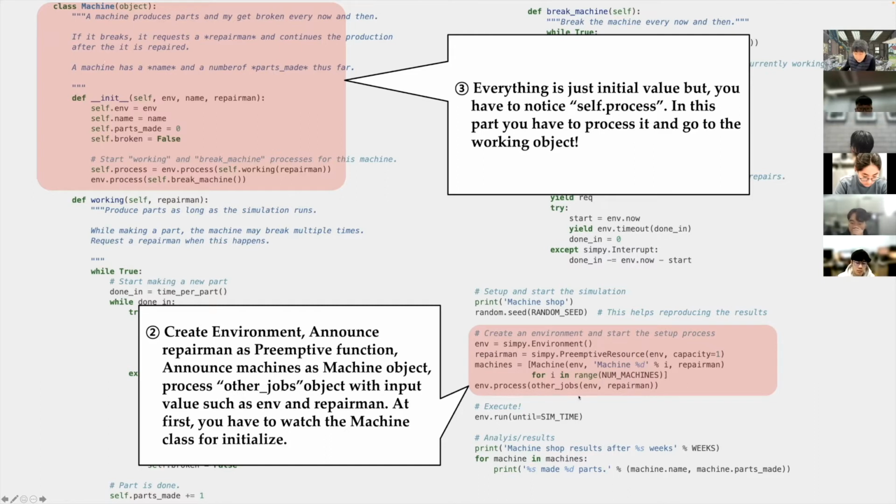And also the process other jobs with input value as the repairman. This preemptive resource is being input to the argument of other jobs. It means that this other job may use or may require this resource.